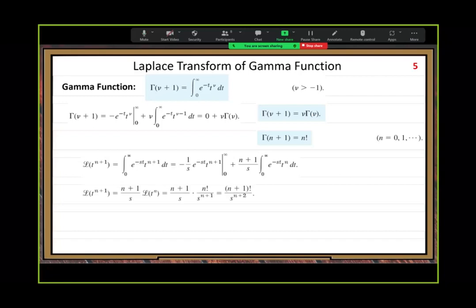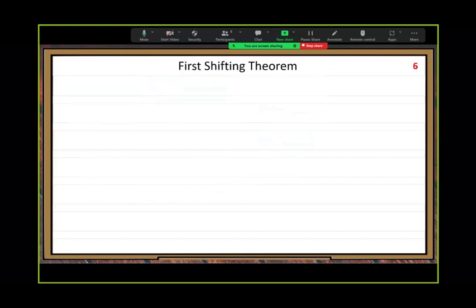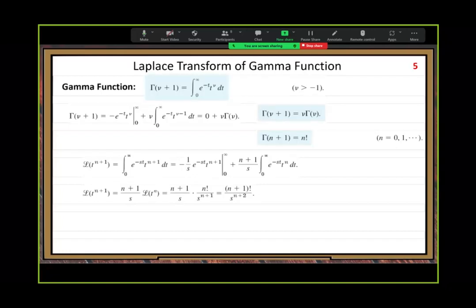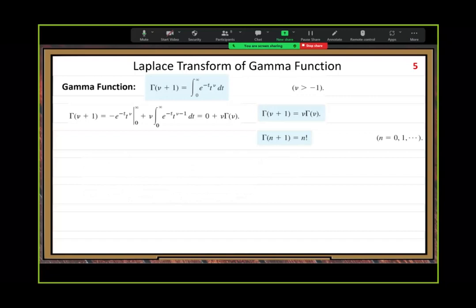But look at this time, we expect n to be non-negative integers, right? But can we consider the exponent here to be a non-integer, a real number? Actually, we can. In our previous table, we have that. Let me go back to the previous table.